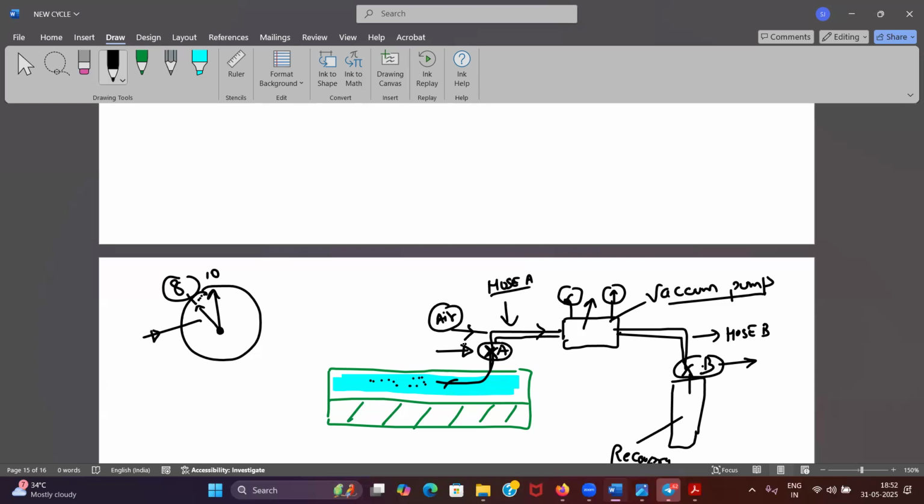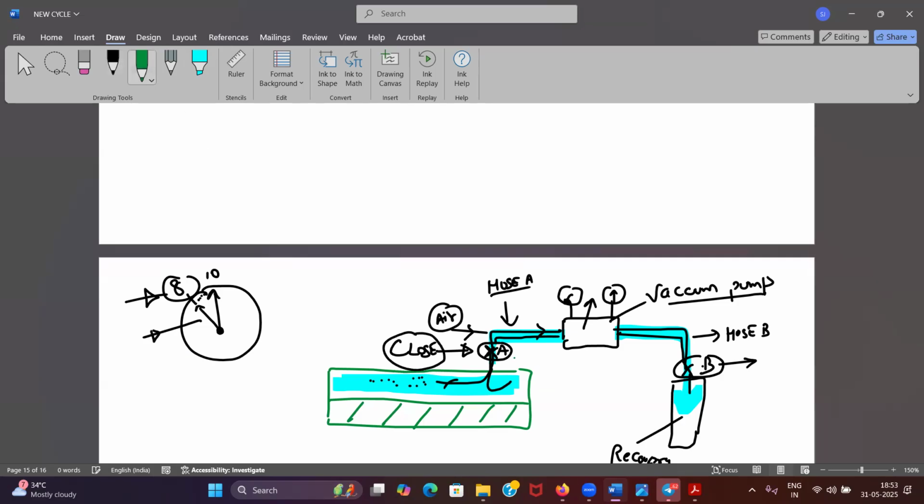Slightly crack open. Now what will happen? The air will go from here and enter into your recovery bottle, right? Once the pressure reaches 8 bar, you will close the A valve, isn't it?